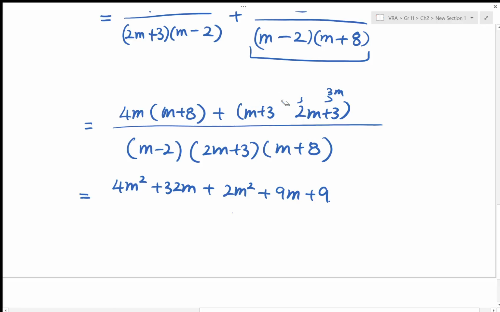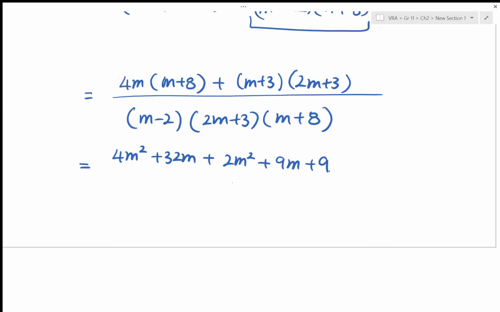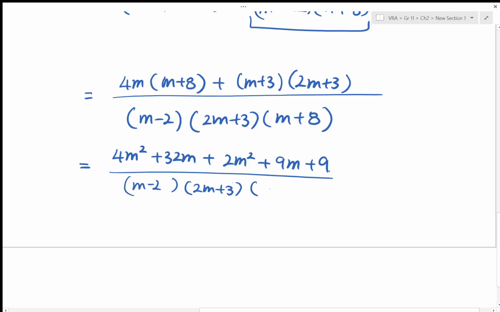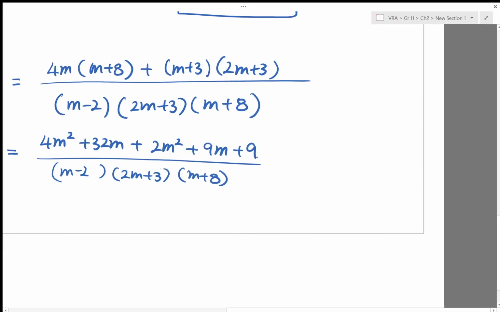So that's why. So we have over m minus 2, and then 2m plus 3, and then m plus 8. So at the end we have 6m squared plus 41m plus 9 over these three brackets in your denominator.